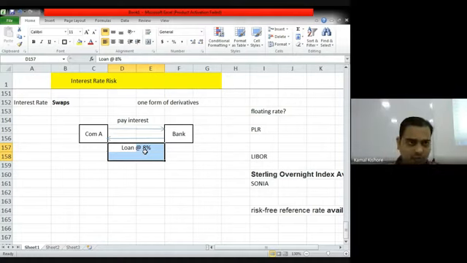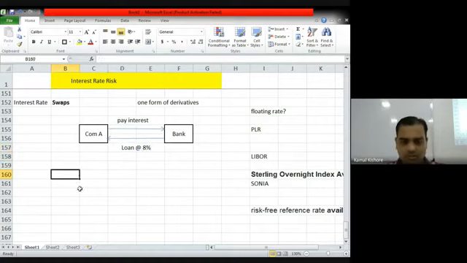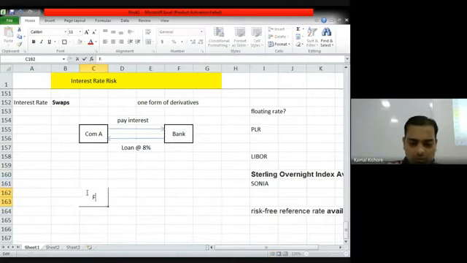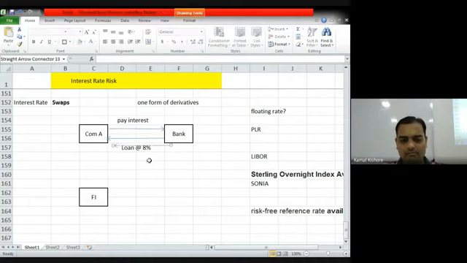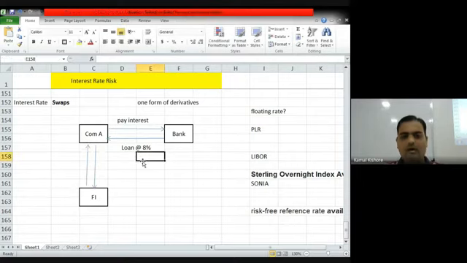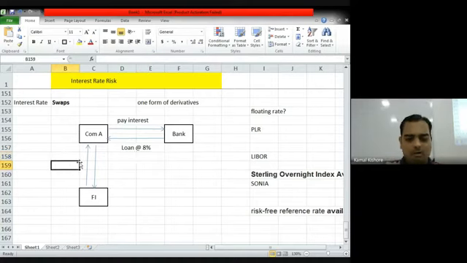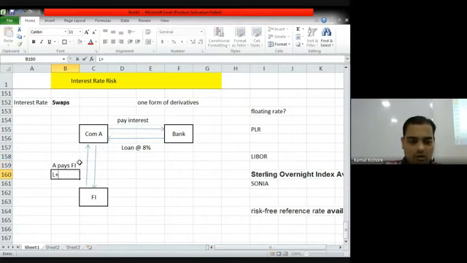So what is happening now? My analysis is that the yield curve is coming down, so the interest rates will come down. Why should I pay a fixed rate? So what I do is I go to another financial institution, and I enter into an arrangement where A pays FI L plus say 1%.